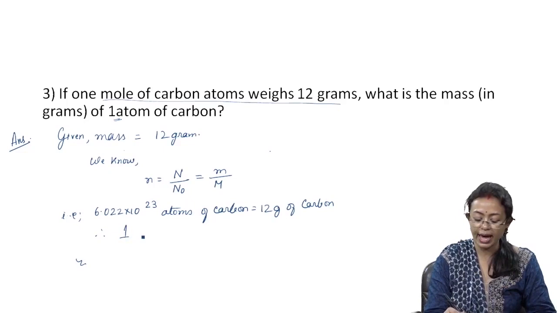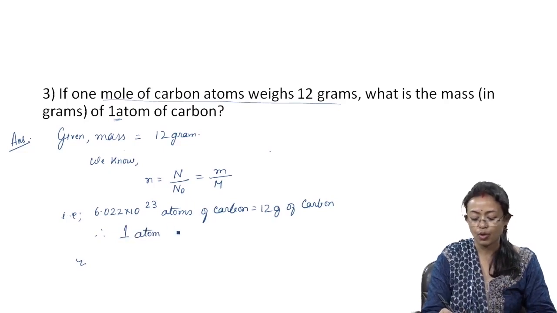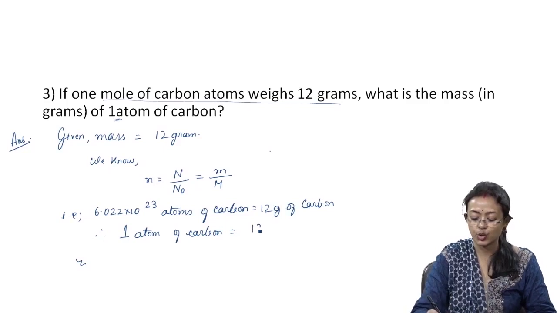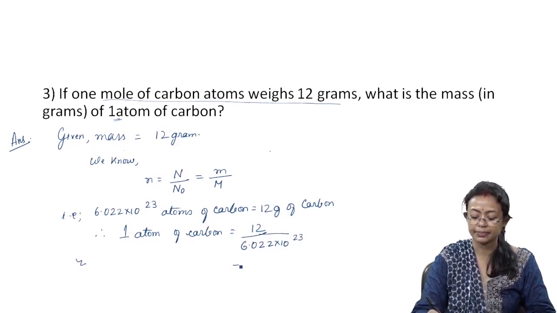Therefore, 1 atom of carbon is equal to 12 by 6.022 into 10 to the power 23.